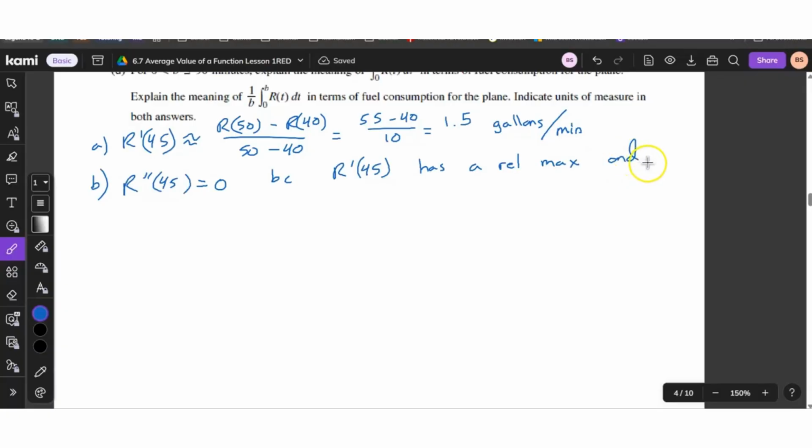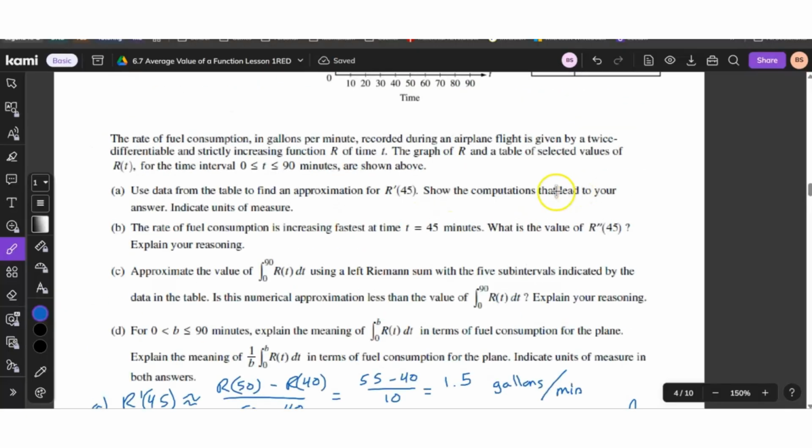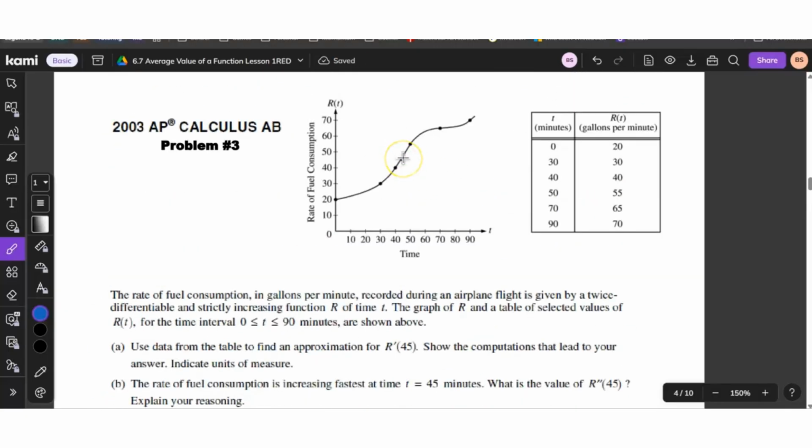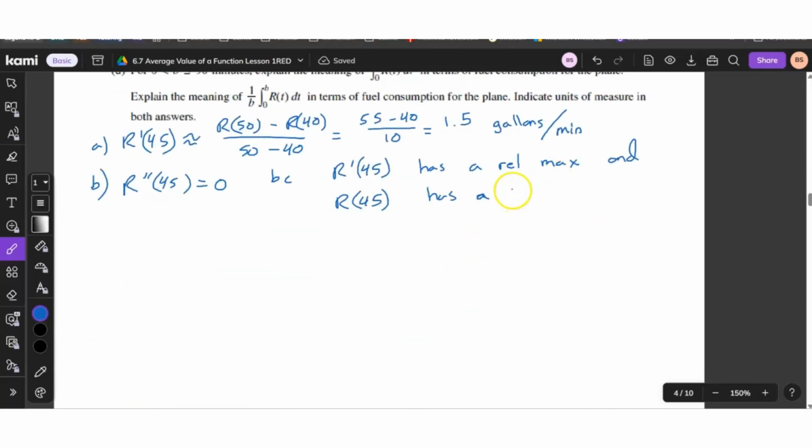Or the easier one to understand is r of 45, which is the graph that we have there, right? If you look at that point there, what is that point right here? Steepest. It's changing concavity. So it's a point of inflection, right? If it has a point of inflection, that means the r prime is going to have a max or min, which means the second derivative is going to be 0. So the second derivative of 45 has to be 0.